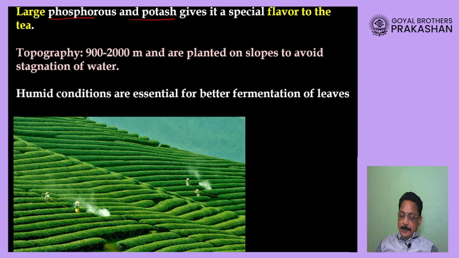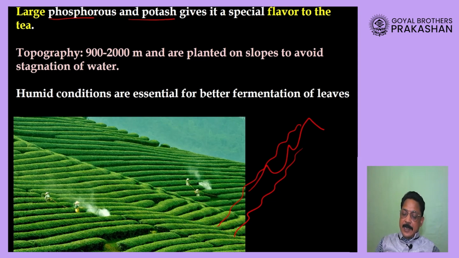Second important thing, this crop needs high altitude, a mountainous region, to grow. The simple reason is that on a mountain region the water will flow away. We have seen that this crop doesn't require stagnant water, so a mountain slope will be an ideal place, especially if the altitude is 900 up to 2000 meters above sea level.